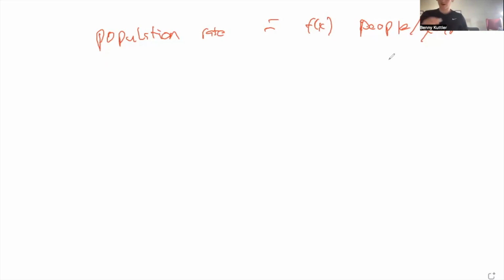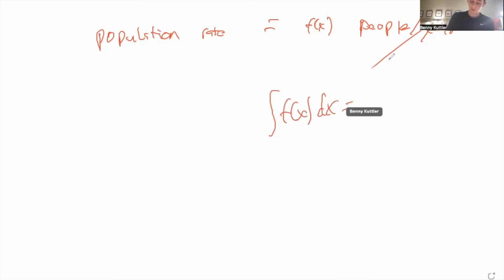Remember the derivative gave us a per second or per year time thing at the end. So for taking an integral, take away the per year, and so the integral of f of x dx just gives us the number of people, like the population at that time, not the rate of change, which we're given. This is the number of people.